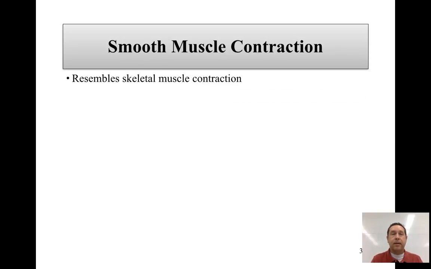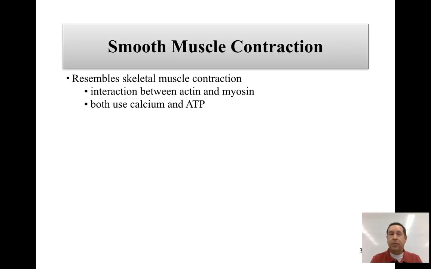Smooth muscle contractions work very much like skeletal muscles. There's interactions between actin and myosin. They both require calcium to form cross bridges and ATP to provide the energy. They get signals from the nervous system, which triggers a membrane impulse or a signal in the membrane of the muscle cell.